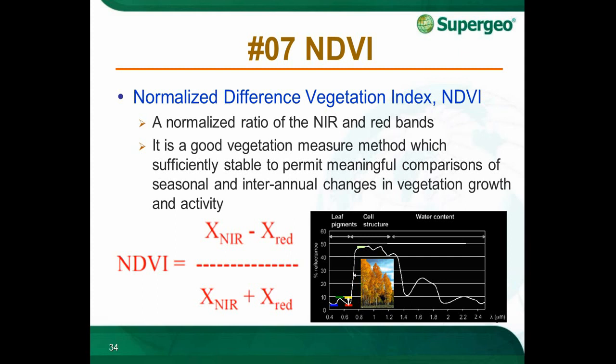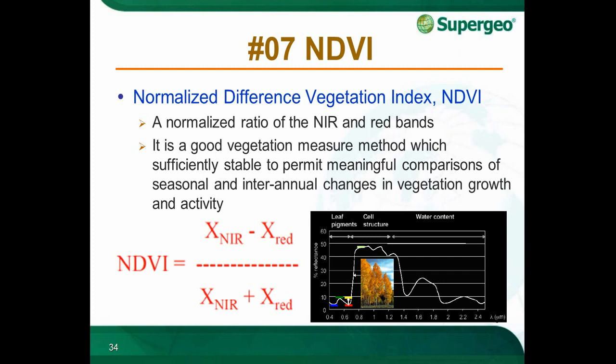It is a normalized ratio of the NIR, which is the near infrared, and the red bands. It's a very good vegetation measure method, sufficiently stable to permit meaningful comparison of the seasonal and inter-annual change in vegetation growth and activity.